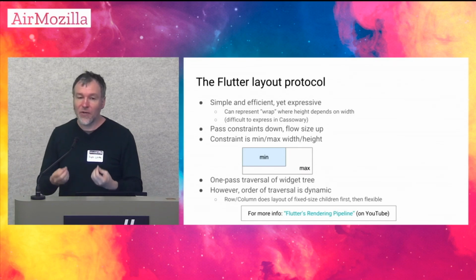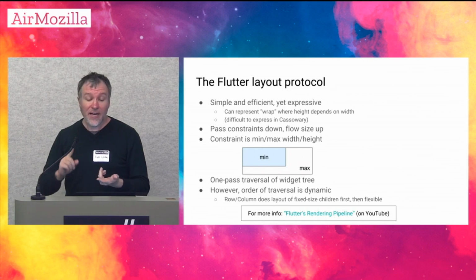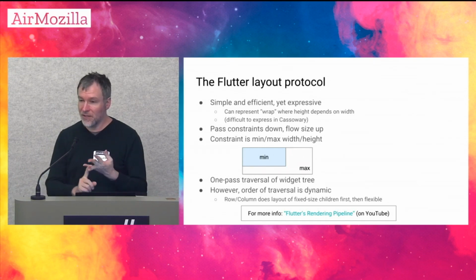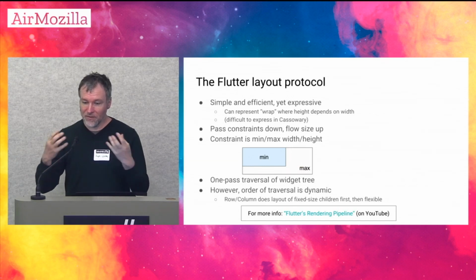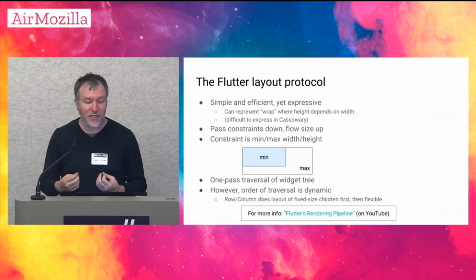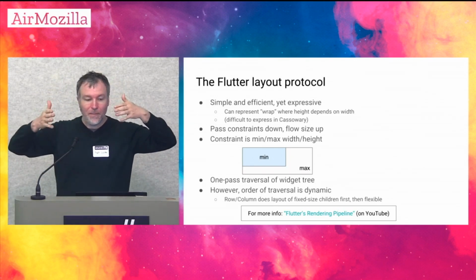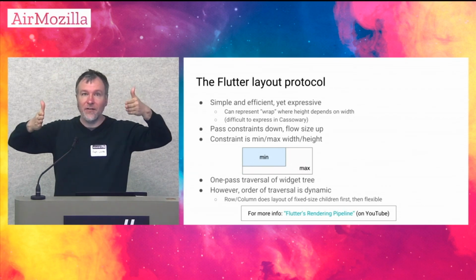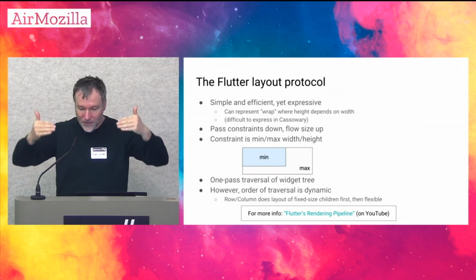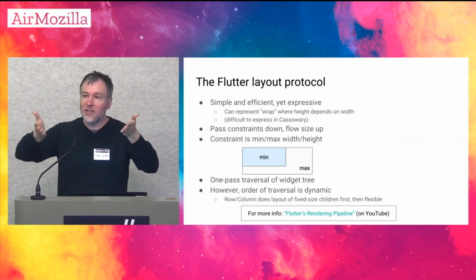And Flutter has a really interesting way of doing this, which allows you to express those and is really, really efficient in its simple programming, and satisfying all those constraints at the same time is fairly impressive. The way it works is that you go through the tree and you pass a constraint down, and you traverse down into the tree, and what flows back up is just size.